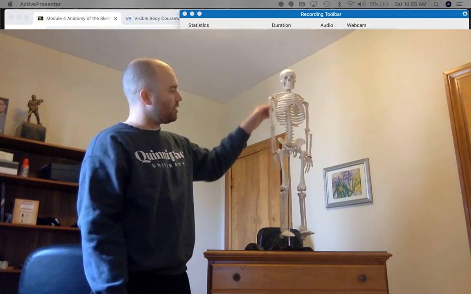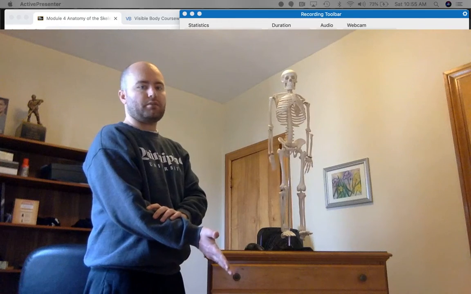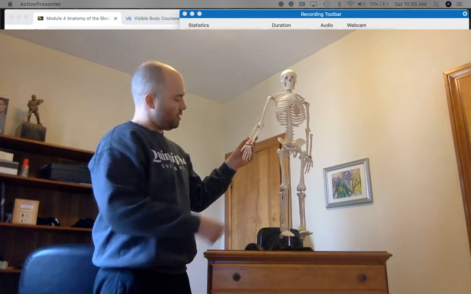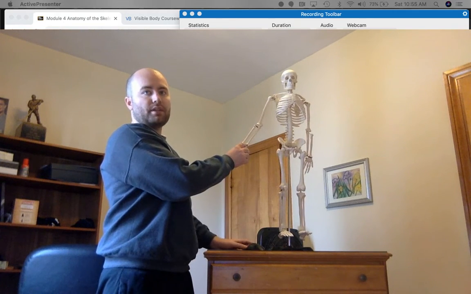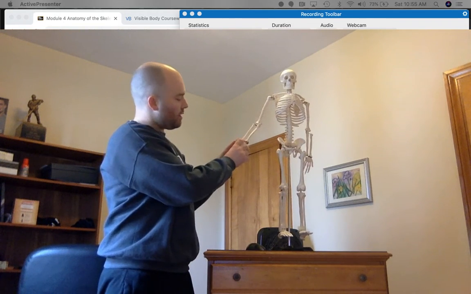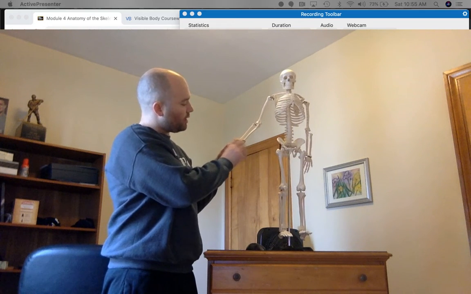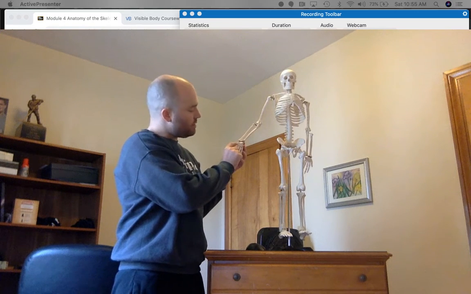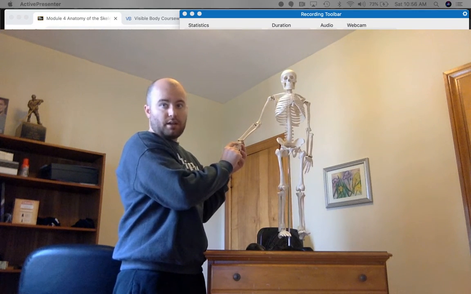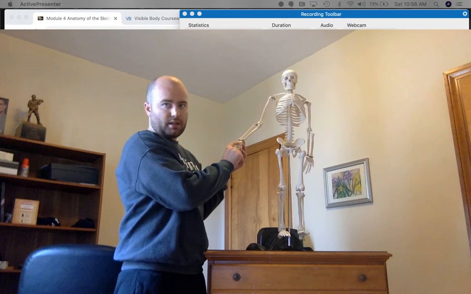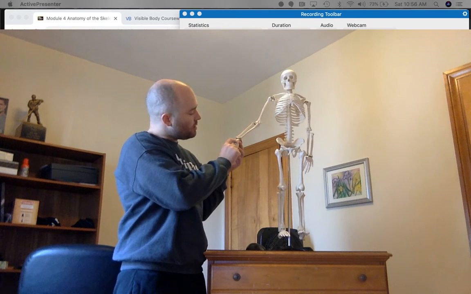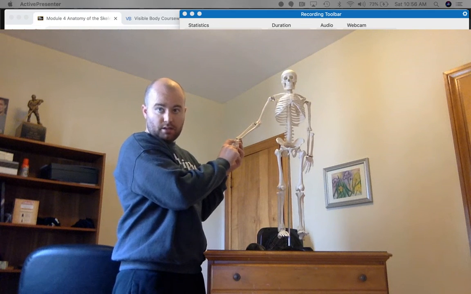So we have the humerus, and then more distally, the forearm has two bones. Laterally, we have the radius, medially, we have the ulna. And then we have all the carpal bones that are really small. It's hard to distinguish which is which, but we have the trapezium, trapezoid, hamate, triquetral, capitate, lunate, and scaphoid.